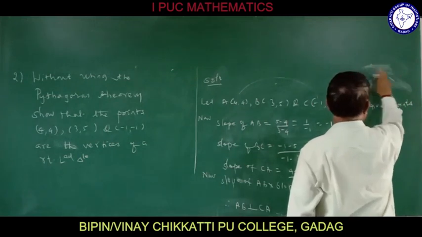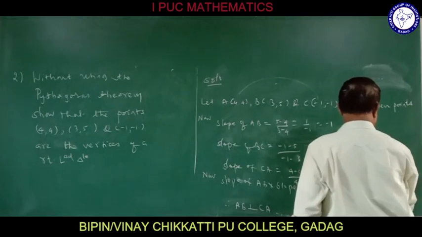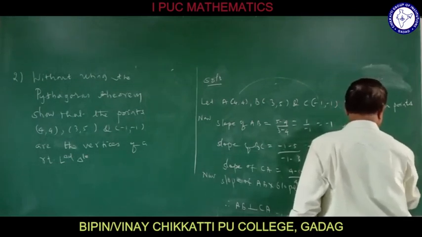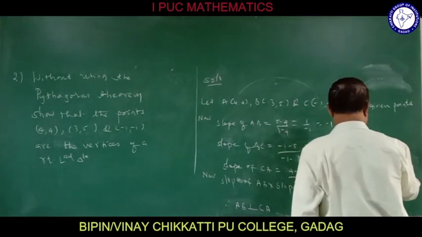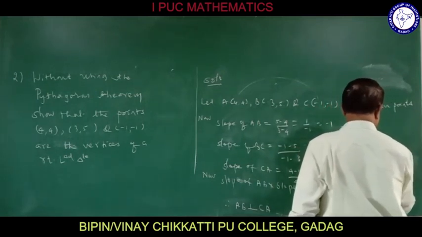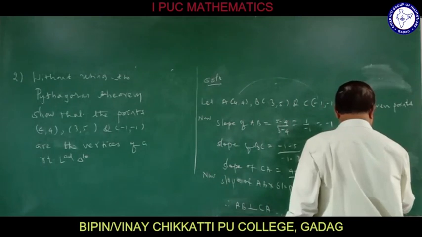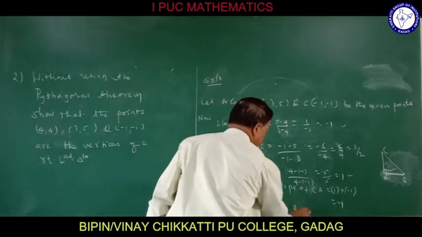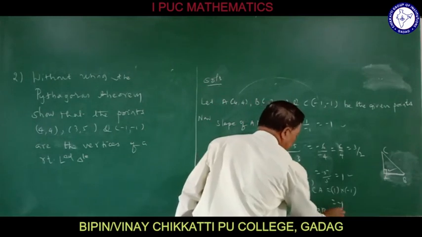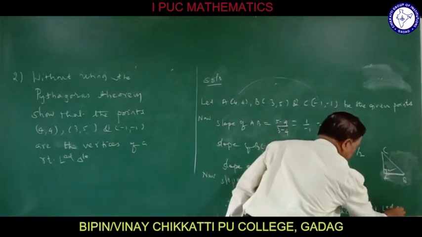So here we understand that AB, you have to see this, A, B, C. You have to go for AB and you have to see CA. The slope of AB is 1, the slope of CA is -1, and it is right angled at this point. Therefore, A, B, C are vertices of a right angled triangle.